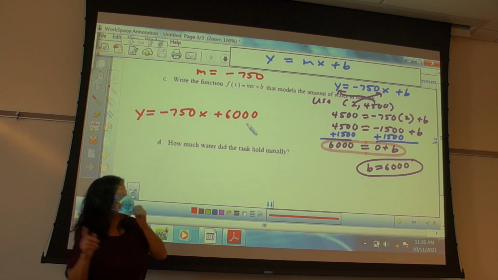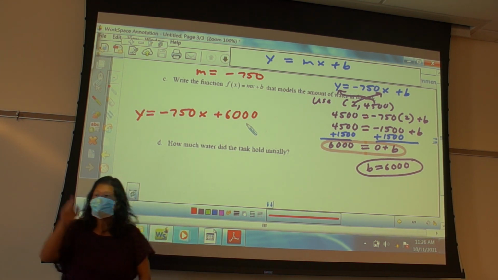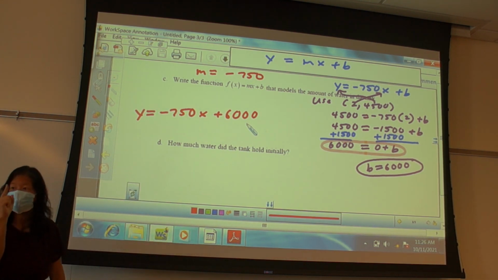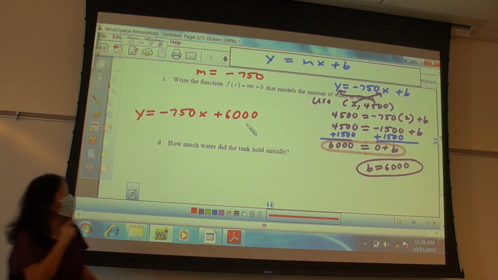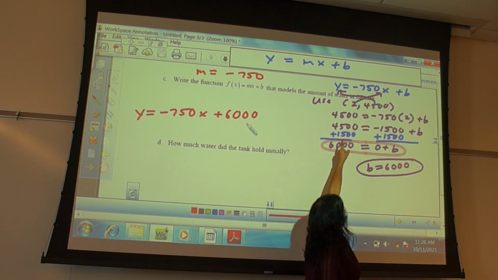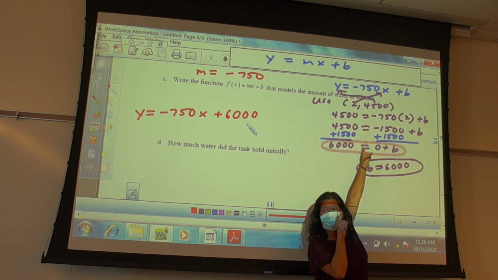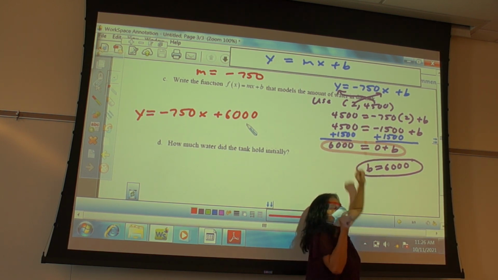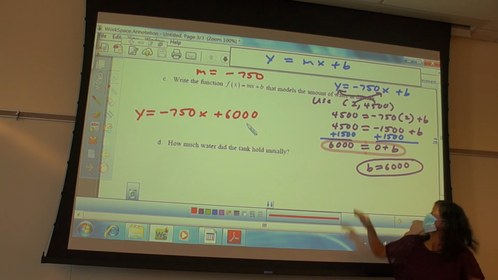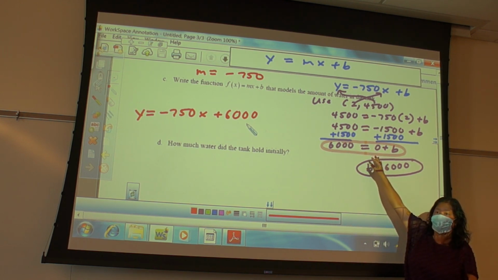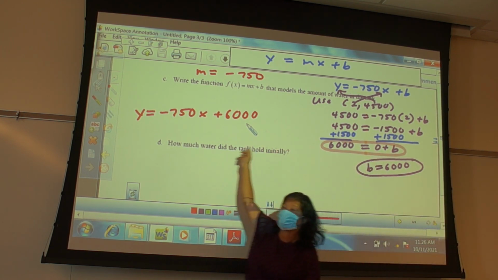So let's play this out. At one point along the line, x is 2 and y is 4,500. This is just one point. It's not the whole equation. This is just one moment along the line.